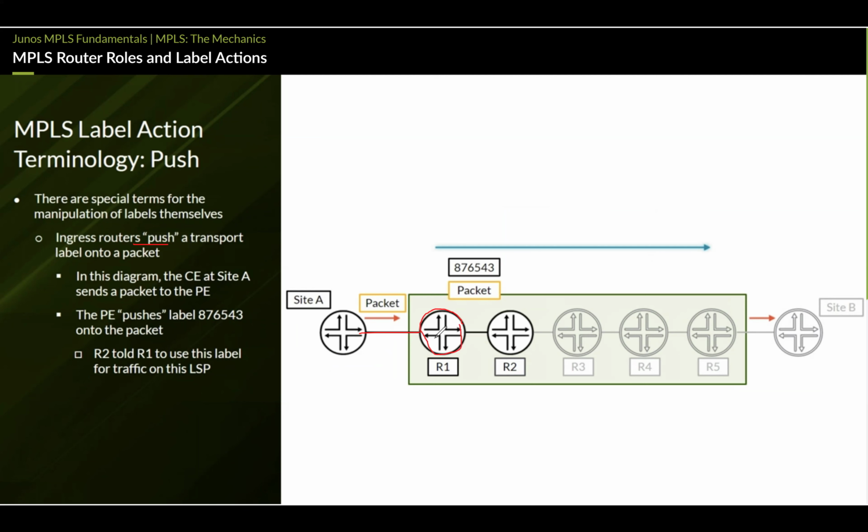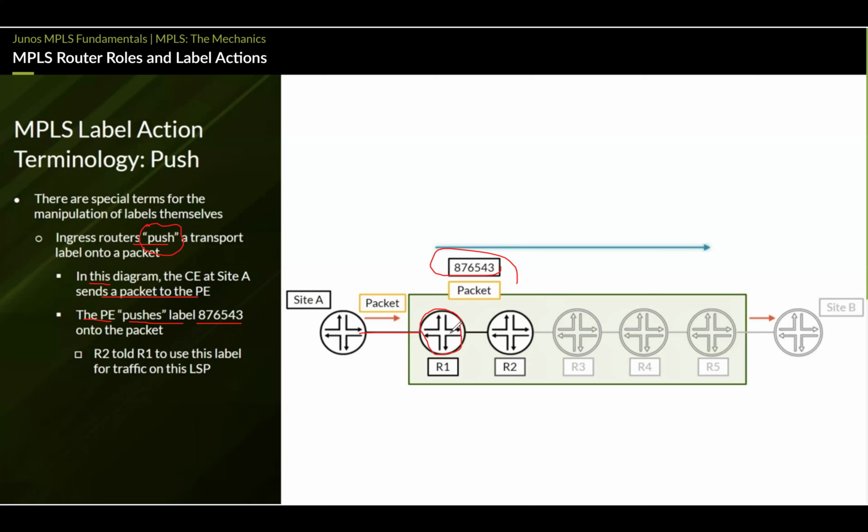So you can say router 1's role is ingress router, and its operation will be push. That means insert a label with the packet. In this diagram, the CE at site A sends a packet to the PE, the provider's edge router. The PE pushes a label, this is the label value, onto the packet. R2 told R1 to use this label.